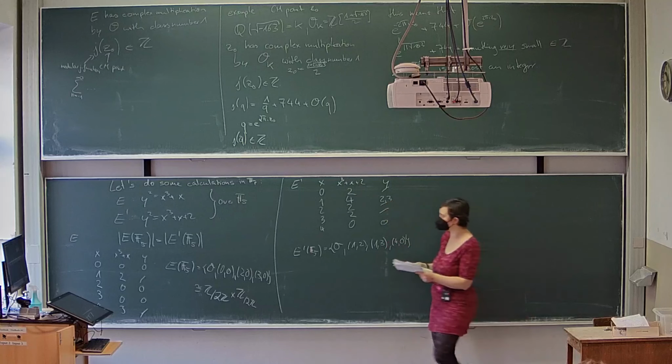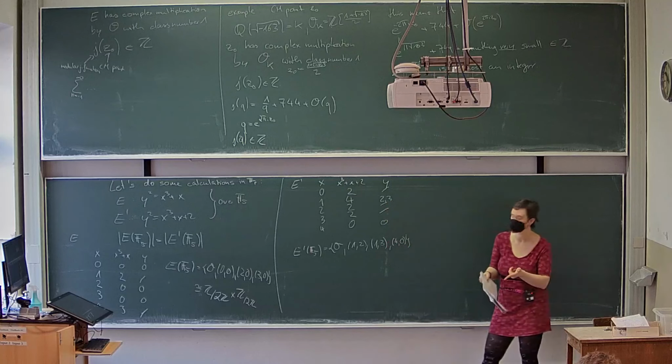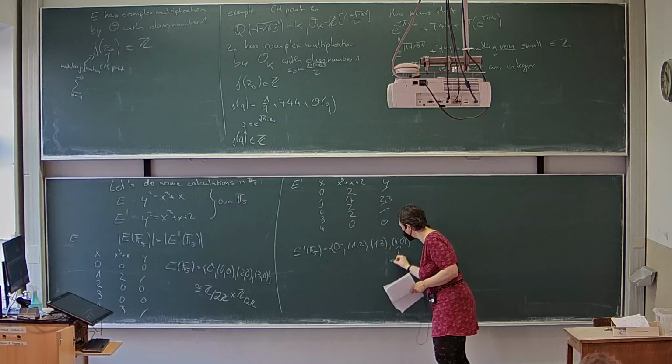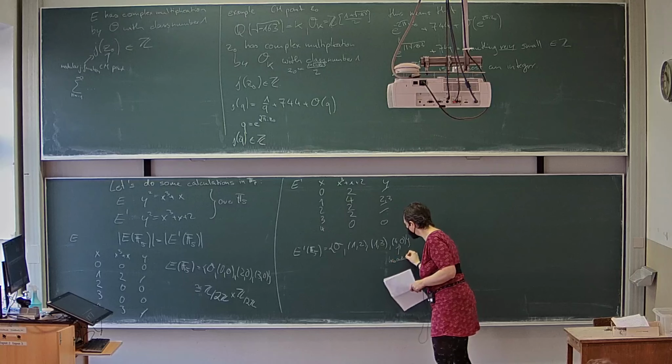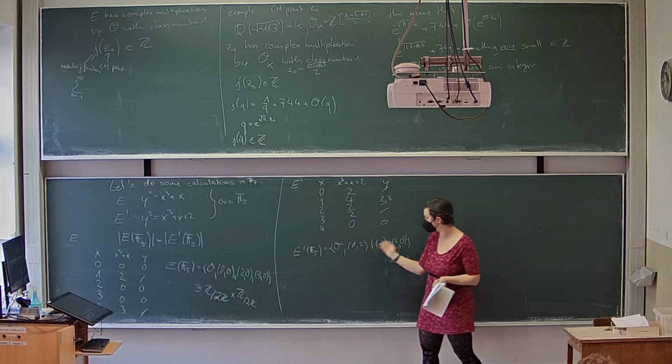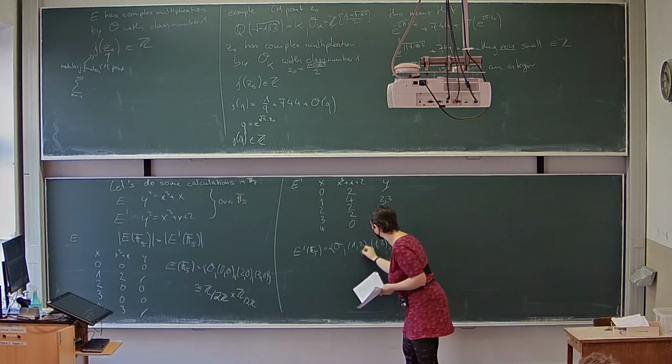Now, since we know the points of order 2 are exactly those with y-coordinate 0, we know that (4,0) has order 2. And those 2 points don't have order 2 because they don't have y-coordinate 0.